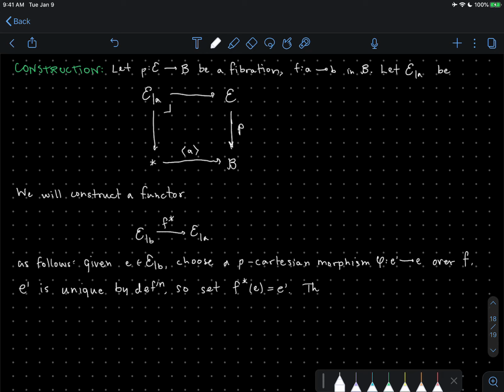So the action of f upper star on morphisms in the fiber over B also follows from the uniqueness in the definition of p-Cartesian morphisms.